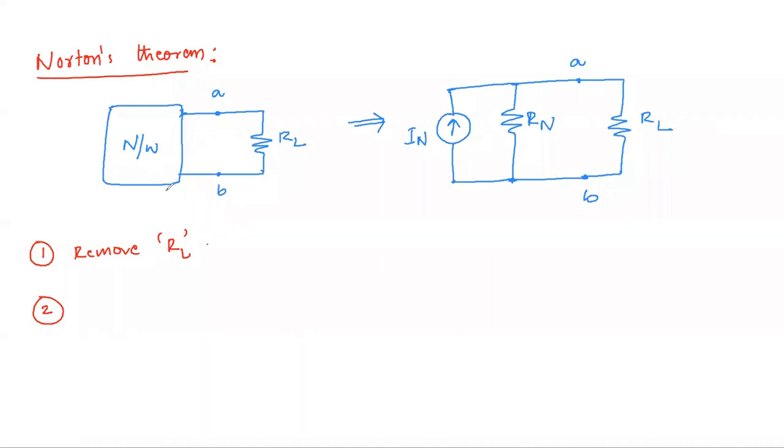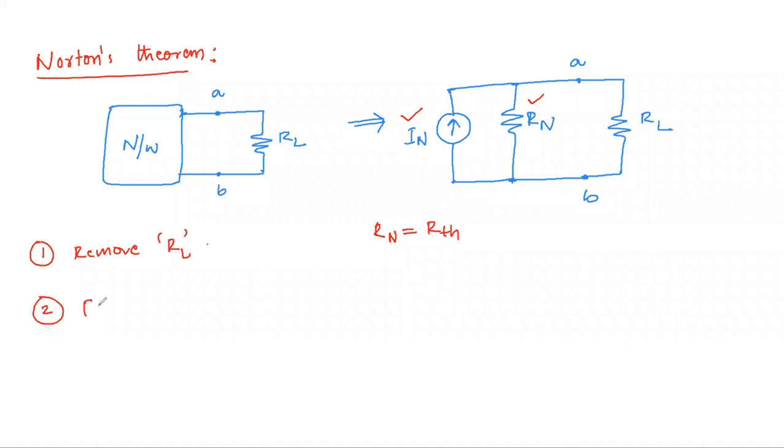Generally, in the case of Thevenin's, we convert it into a voltage source and a resistance, and those two are connected in series. But now you can see here, we are converting this network into a current source and a resistance. So this Norton resistance Rn is nothing but equal to RThevenin. Thevenin resistance and Norton resistance, nothing changes. Everything is the same. Okay.